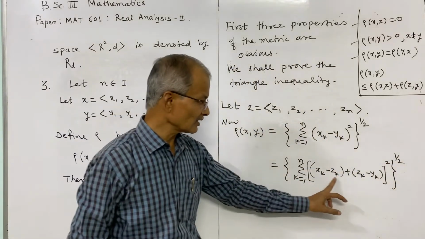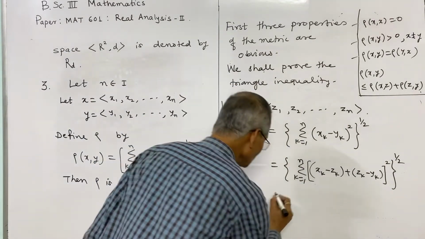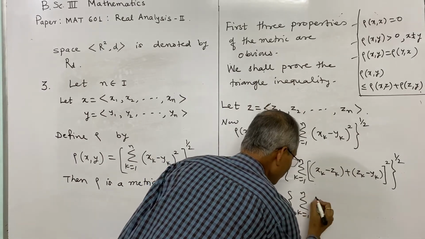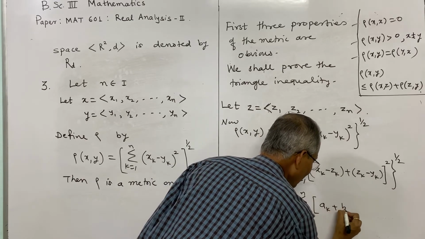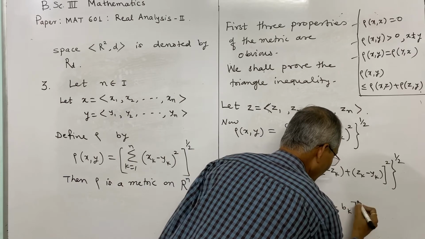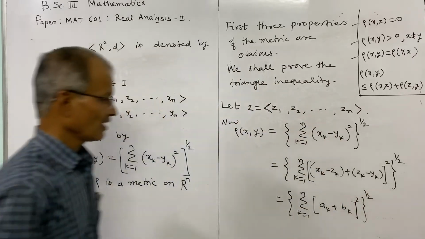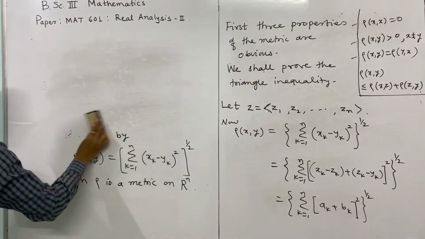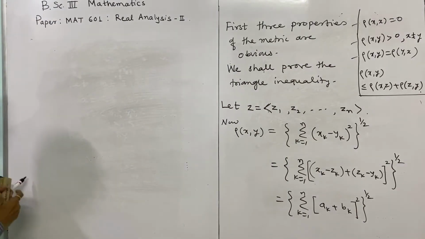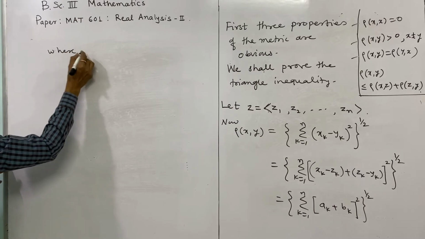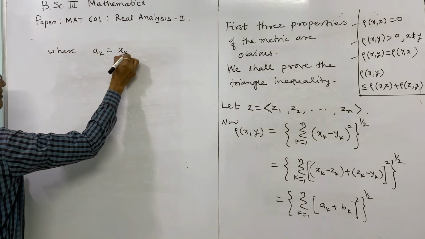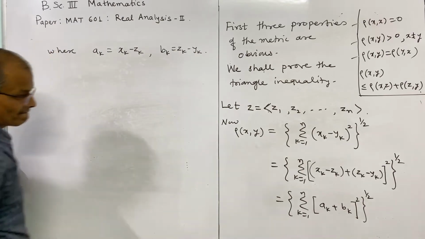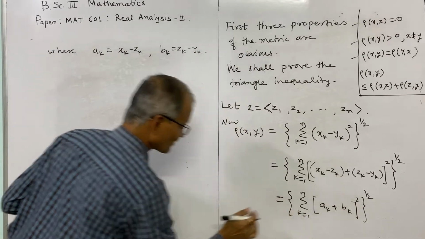We have subtracted zk, we have added zk, and we will assume this first bracket as ak and the second bracket as bk, where ak is xk minus zk, bk is zk minus yk.